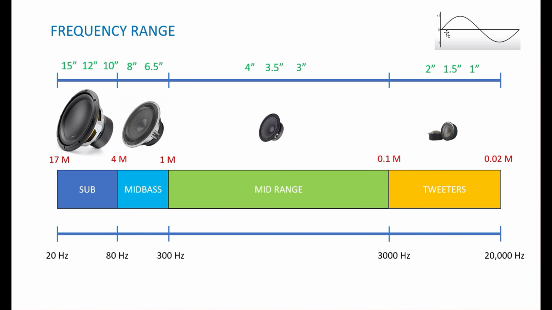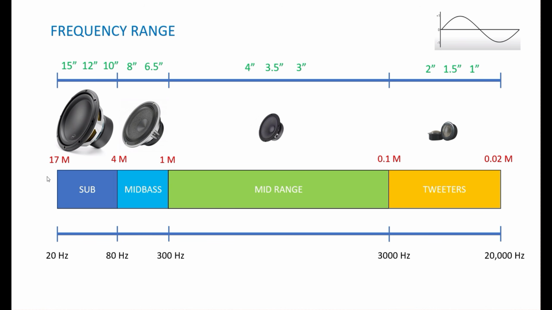A wavelength is nothing more than the sine wave of a particular frequency completing its 360-degree phase cycle. At 20 Hertz, the wavelength of that sound wave is 17 meters long.